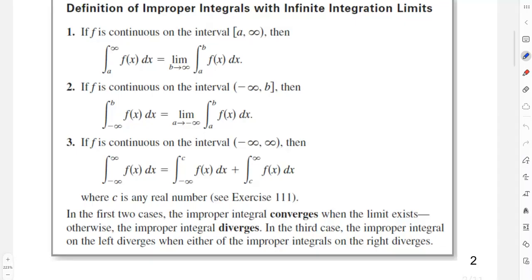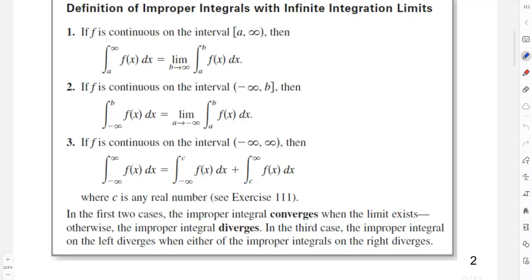Likewise, if we're looking at a continuous function on the interval from negative infinity to b, and we want to evaluate, we would rewrite that lower bound as a variable, integrate, and then evaluate the limit as, and they're using the variable a, as a goes to negative infinity.